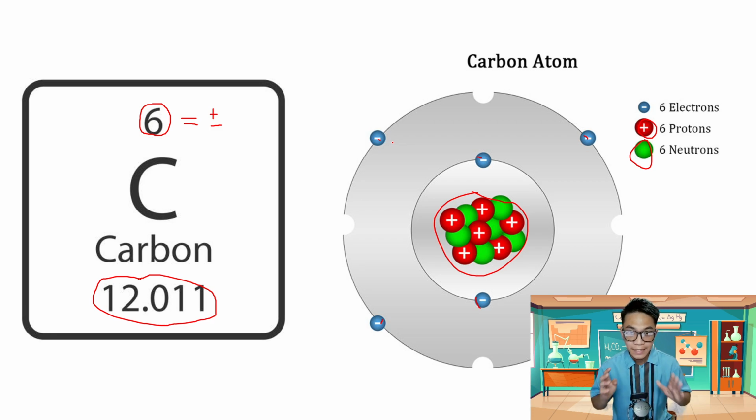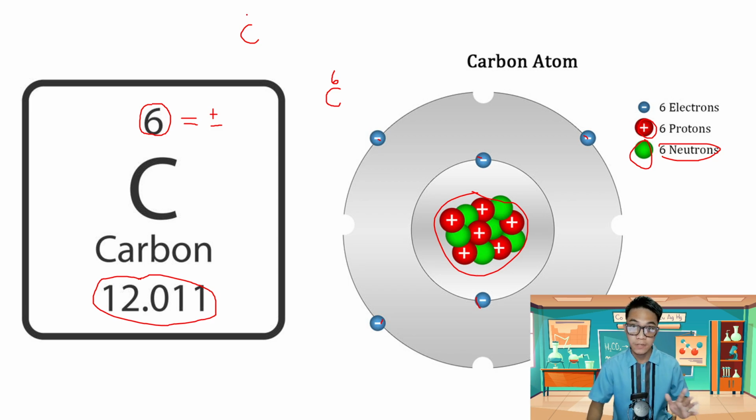And having isotopes is basically having the same carbon. It has the same atomic number, which can't be changed because that gives that specific atom its identity, but its number of neutrons may vary. So let's say there is an isotope of carbon.